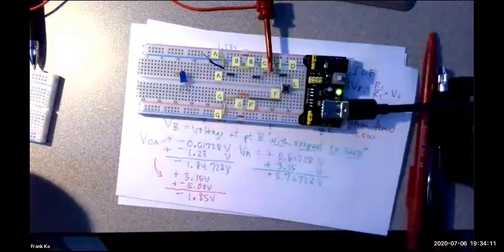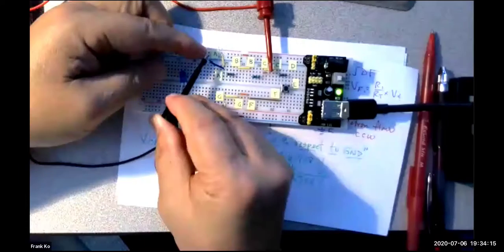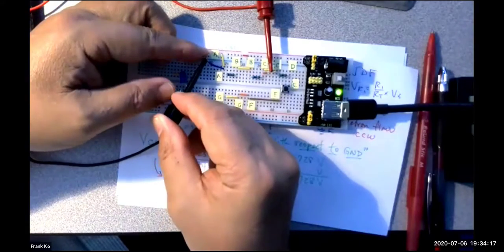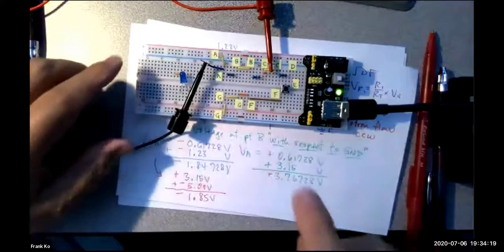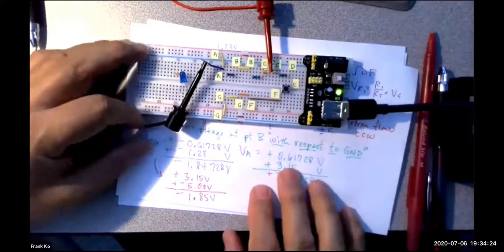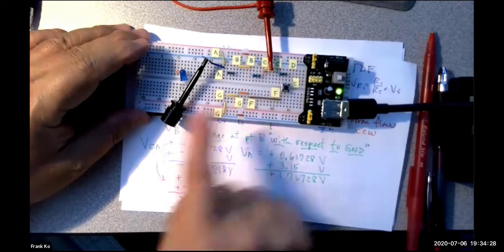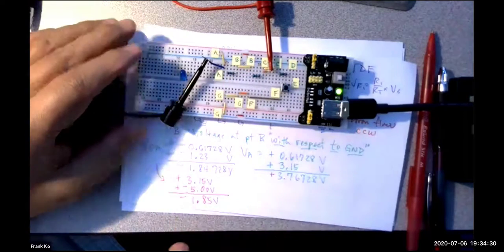The black probe at point A right there. So do the connections on the board reflect our objective, voltage from C to A? Red probe on C, black probe on A.